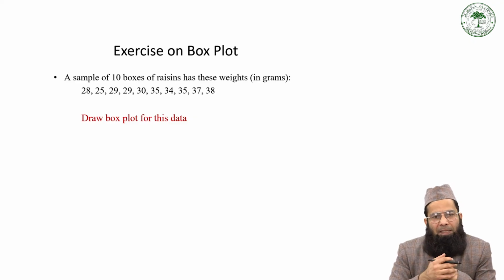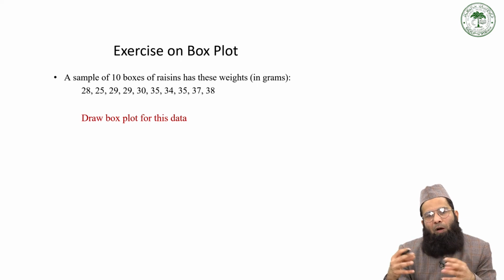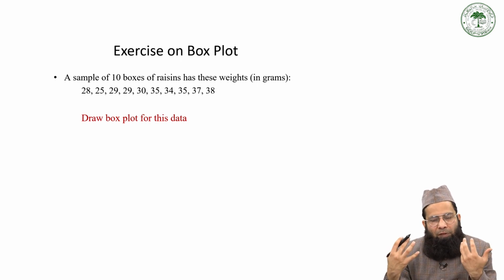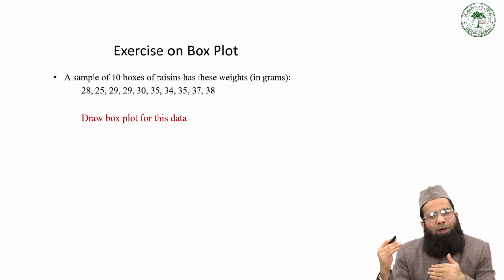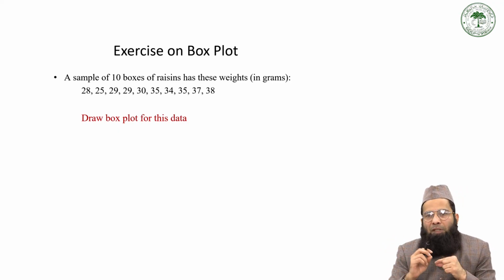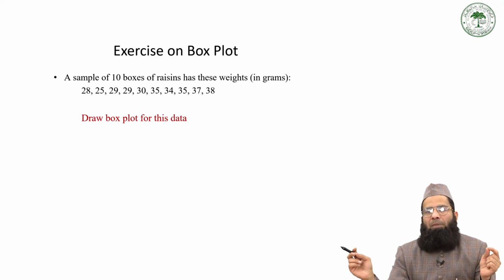Now there is an exercise. How can we draw a box plot? To draw a box plot, you first need to find 5 different parameters. And what are those parameters? You need to find the minimum, first quartile, median, third quartile, and maximum.